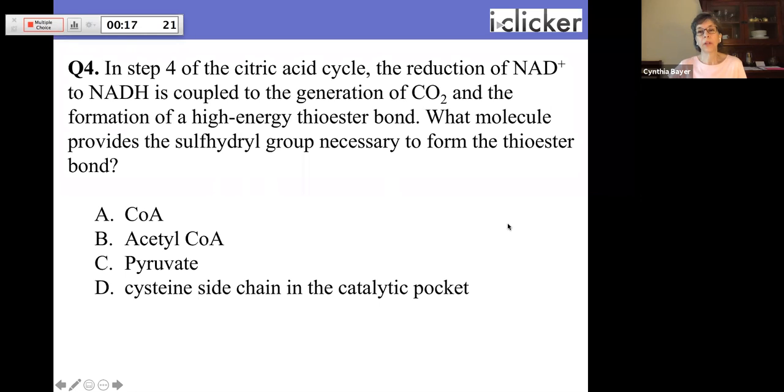That reduction is coupled to formation of a high energy thioester bond, and along the way, carbon dioxide is released. So what we're asking here is, where does the sulfhydryl group come from? What provides that sulfhydryl group that is part of that high energy thioester bond?